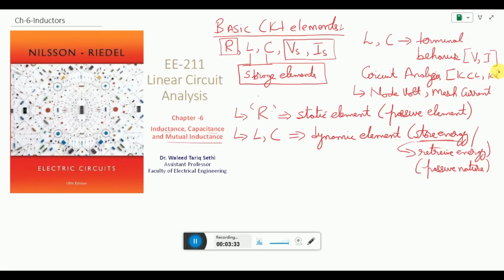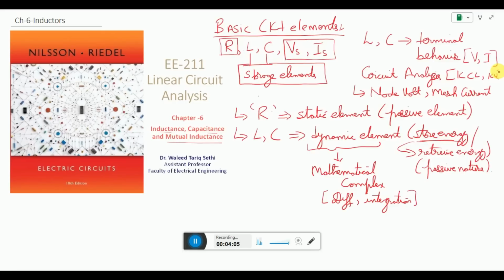Now when we are dealing with the dynamic elements, another thing comes to us, and that is the mathematical complexity in solving these elements, which means that we have to go into the domain of differentiation and integration to find a complete solution to these storage elements, which we are calling dynamic elements.